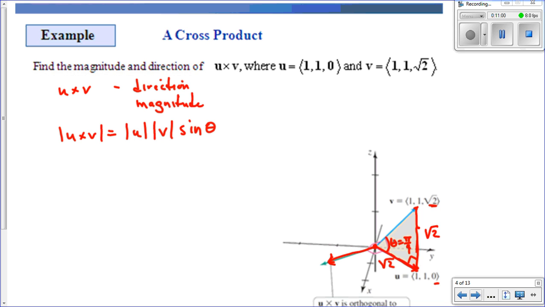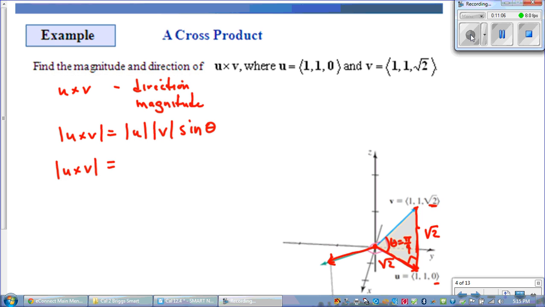So calculating the magnitude of u cross v, we need the magnitude of u. Well, the magnitude of u will be the square root of 1 squared plus 1 squared plus 0 squared.